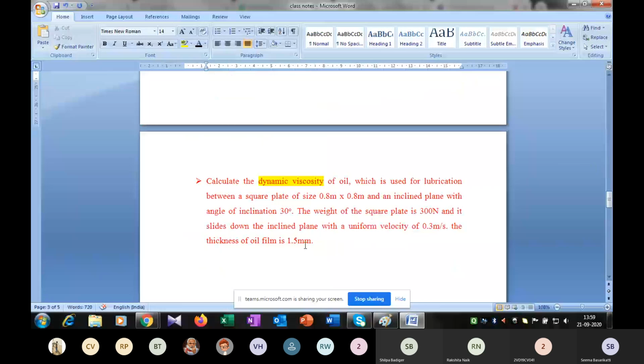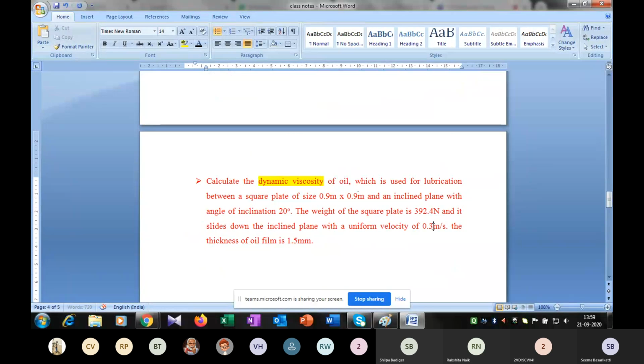The size of the plate is 0.9 by 0.9. Angle of inclination is 20 degree. Weight is 392.4.